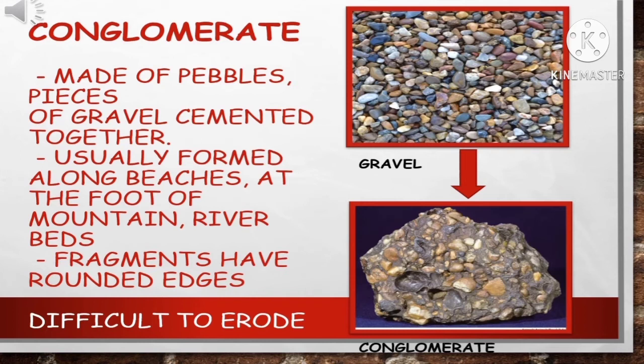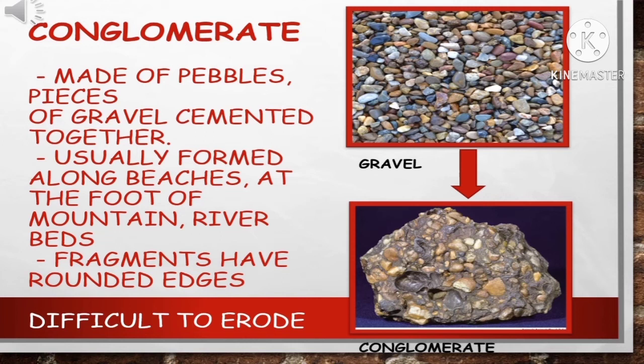Next is the conglomerate. As you can see, this is composed of pebbles, pieces of gravel cemented together. So usually itong mga beach rocks na tinatawag o yung mga stones na malalapit kadalasan sa rivers, streams, lakes, yan yung tinatawag na gravel. So yung gravel, malaking size ng sediment ito.